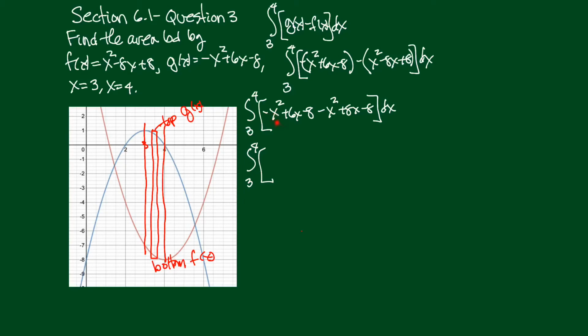This is negative x squared minus x squared is negative 2x squared. And then I've got 6x plus 8x is a 14x. And then I've got a minus 8 minus 8 is a minus 16. All that dx.